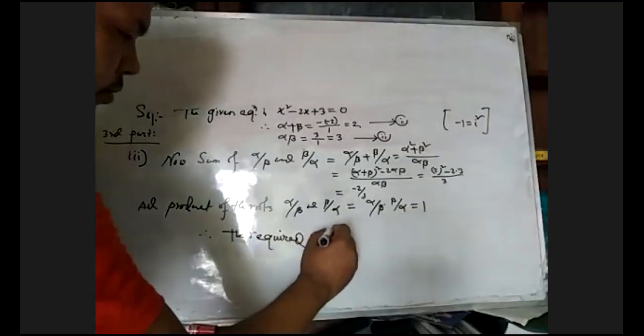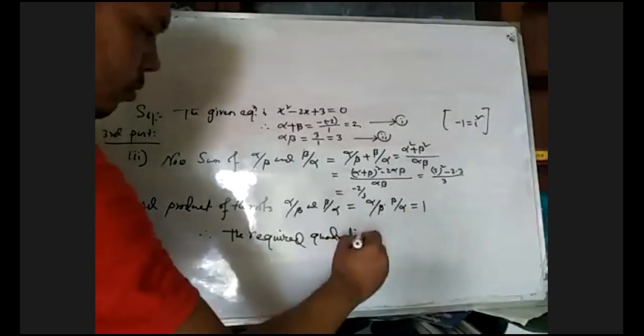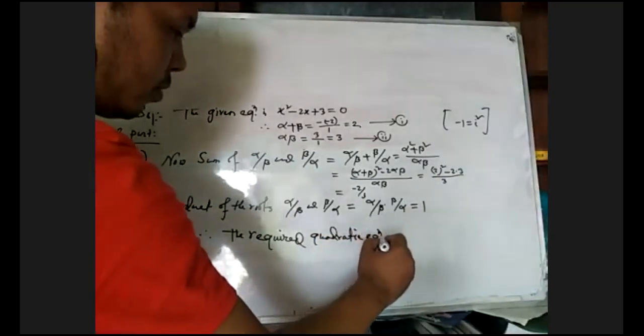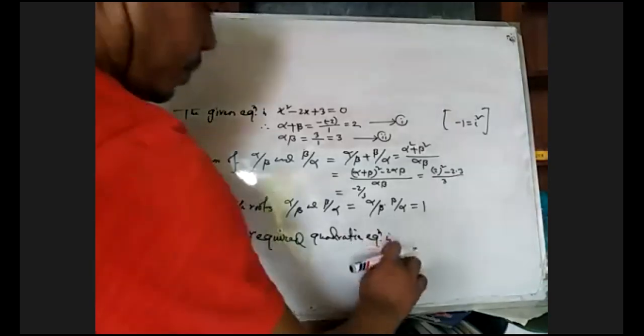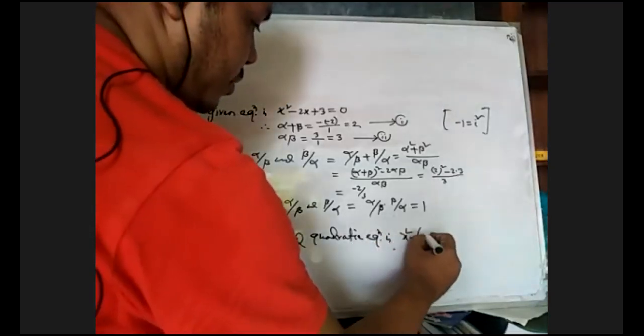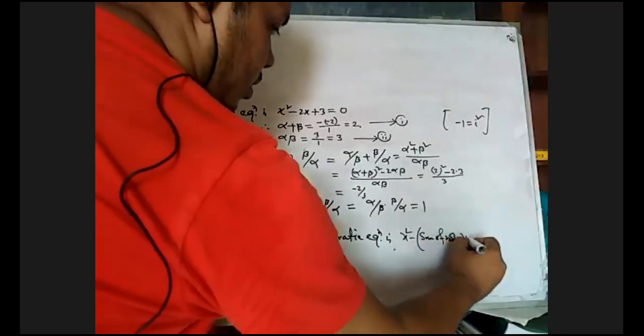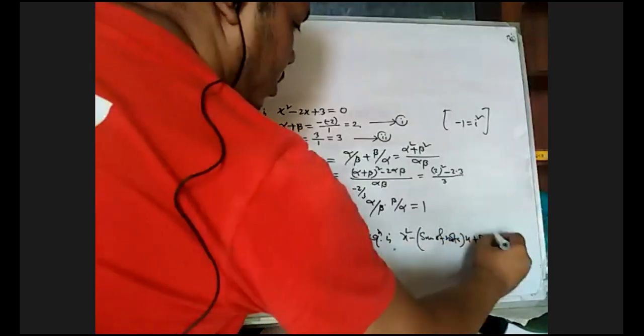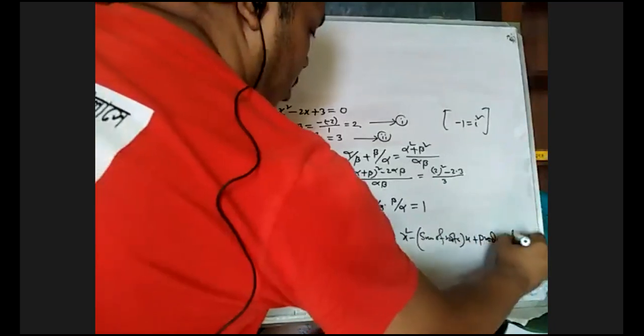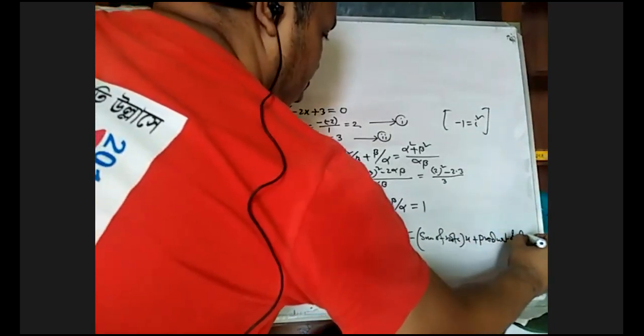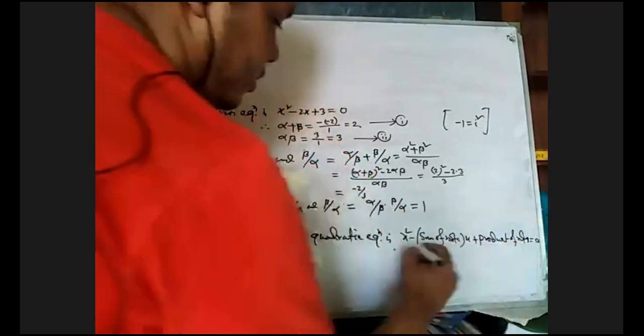is what will be? x square minus sum of the roots into x plus product of roots equals 0.